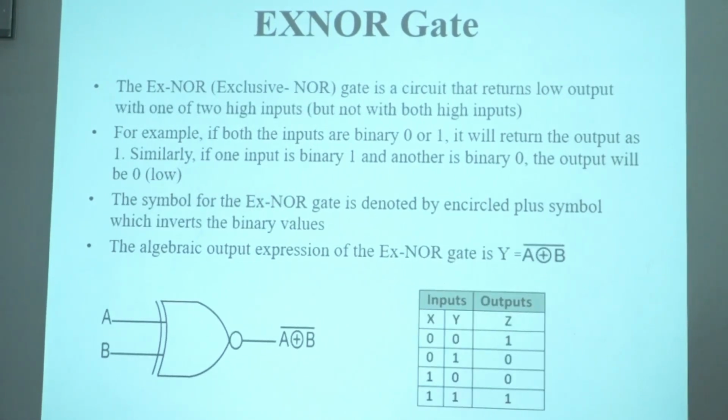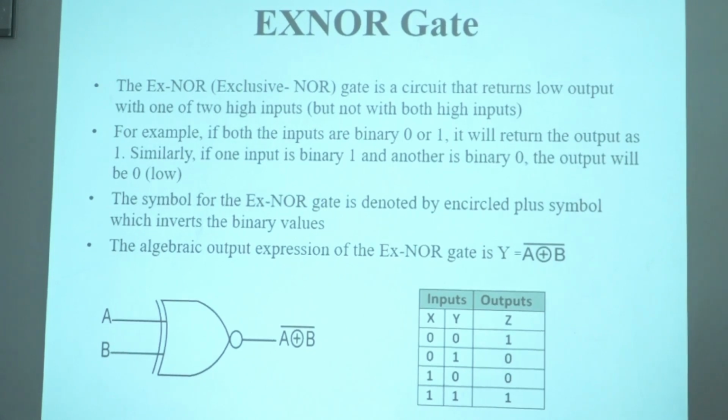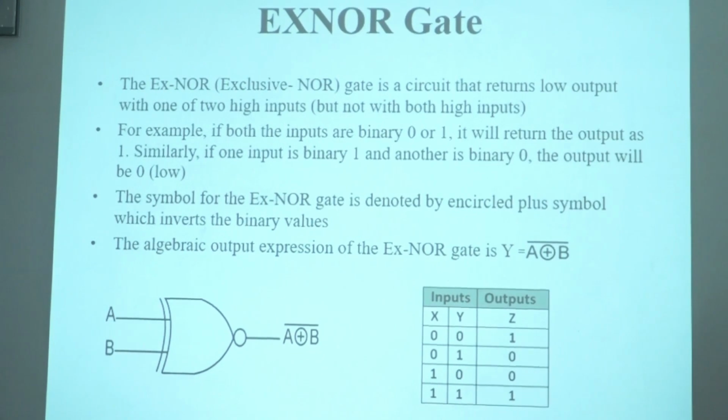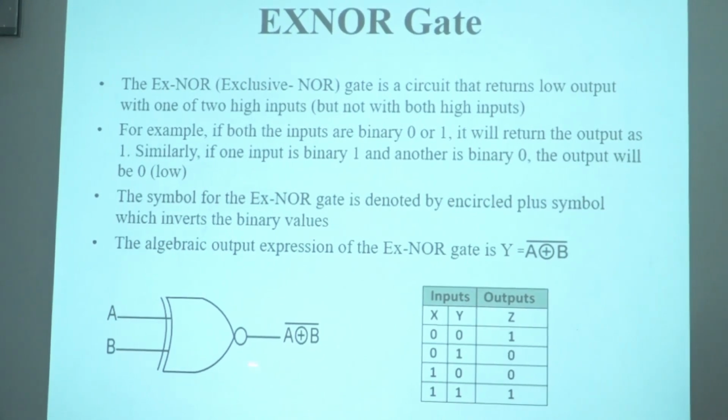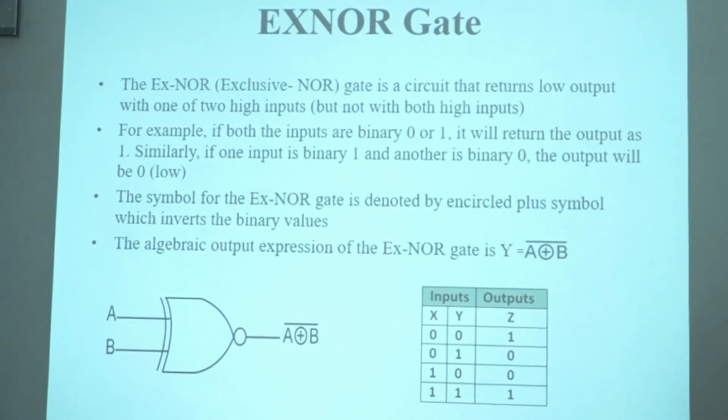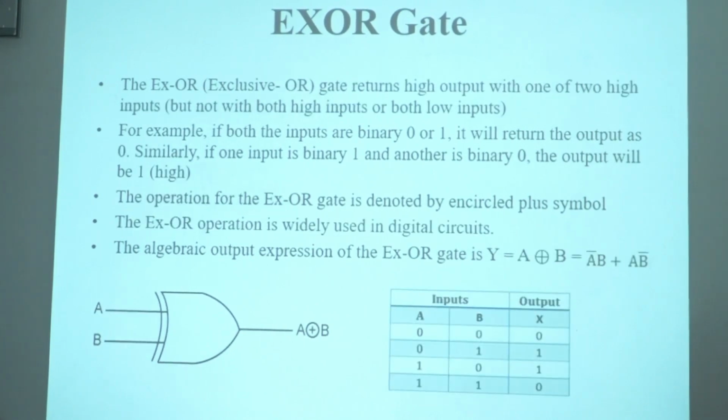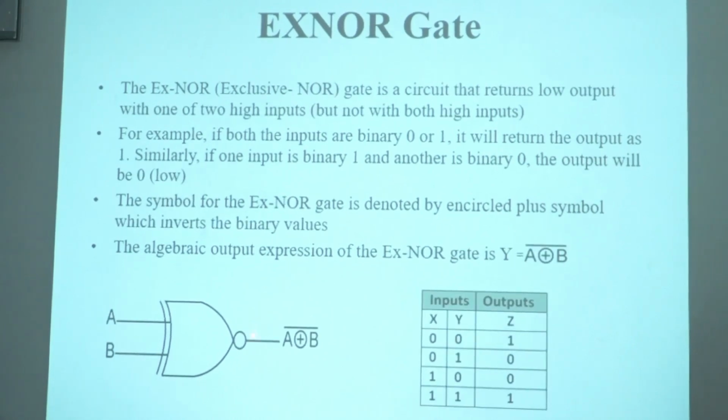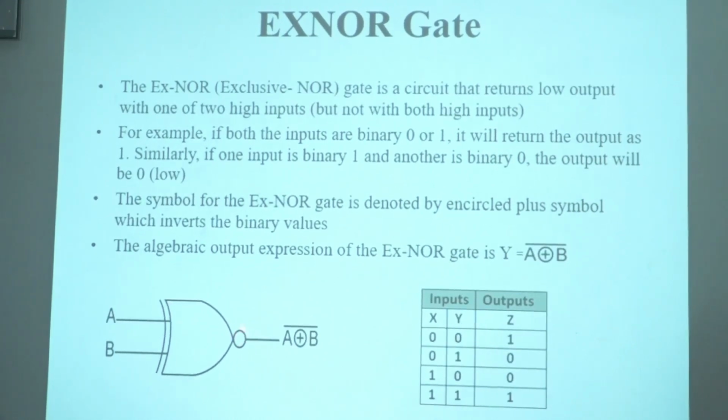And the last gate is the XNOR gate. Now the XNOR gate is complement of XOR gate again. As you can see, when you look back, I don't have inversion symbol there. I am taking one OR gate upon which I am applying my XOR operation. But when you look at this exclusive NOR, this is nothing but adding inversion to the XOR gate.